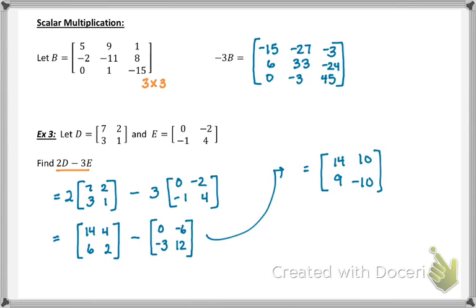So 2D minus 3E gives us this new 2 by 2 matrix, 14, 10, 9, negative 10. And that is all. So adding, subtracting, scalar multiplication on matrices. And then the next time we look at matrices again, we'll look at regular multiplication of matrices.